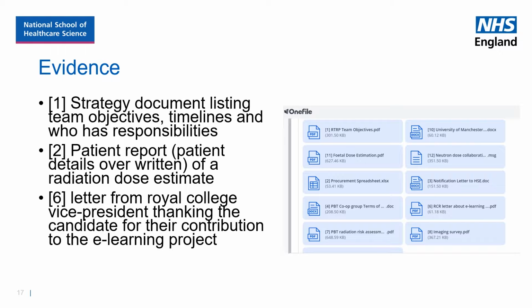When uploading evidence, it is crucial to choose evidence that substantiates the statements in the narrative. The right evidence can also enrich the examiner's idea of what occurred and what the candidate's contribution was to those pieces of work. These are some examples of evidence uploaded in support of this showcase.